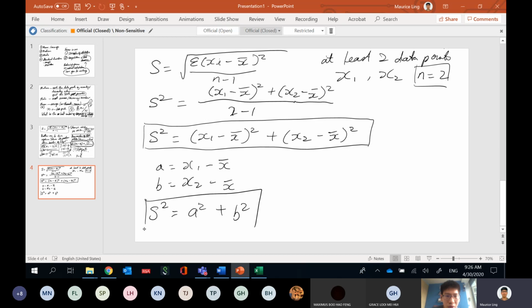Can somebody tell me what this equation is? If S square is equal to A square plus B square, it doesn't matter. Have you seen this equation before? What is it called?